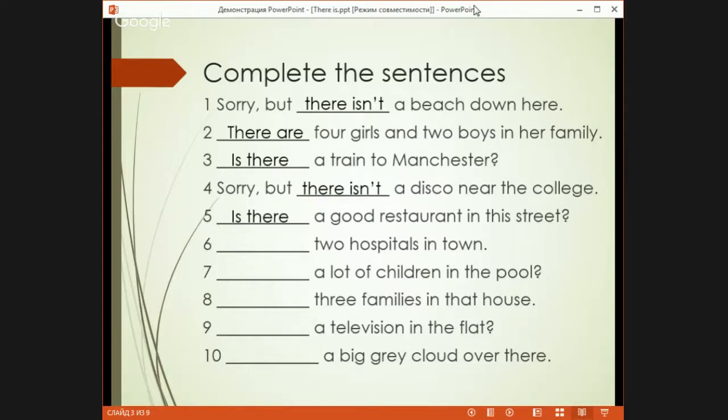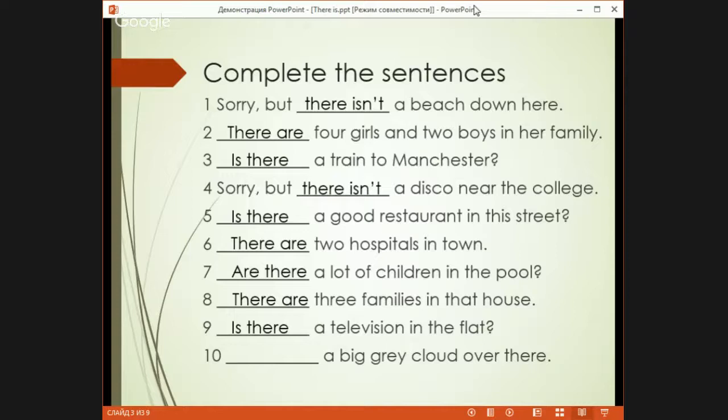Number 6, plural. There are 2 hospitals in town. Number 7, a question. Are there a lot of children in the pool? Number 8, there are 3 families in that house. Number 9, is there a television in the flat? Because it's a question, remember.